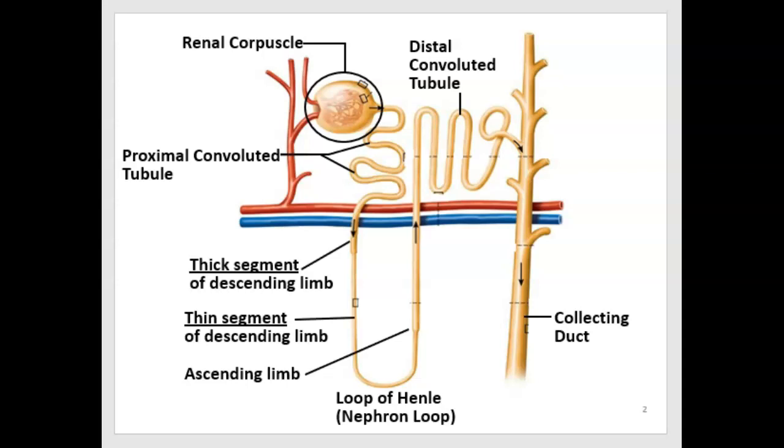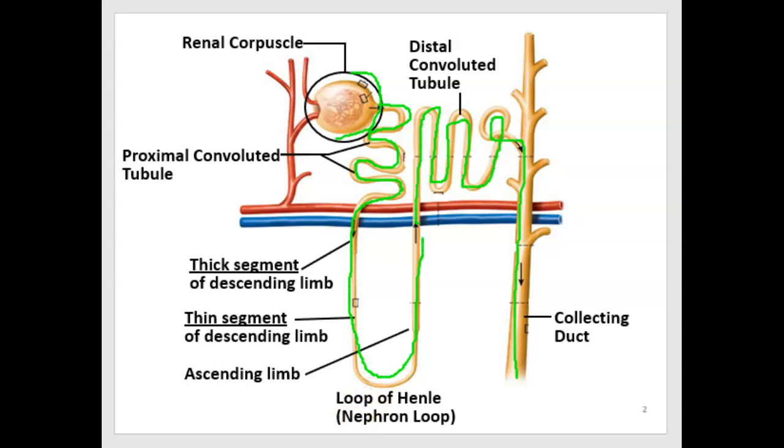I will say that in learning this anatomy, it's probably helpful to draw your own nephron, be able to draw a renal corpuscle, which is shown in the diagram up here, the proximal convoluted tubule, the loop of Henle or nephron loop, the distal convoluted tubule, and then a collecting duct. And you don't have to be very specific about the winding pathway of the convoluted tubules.